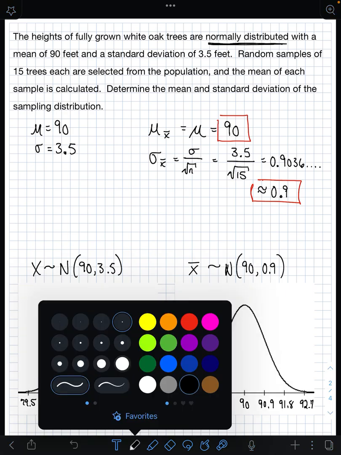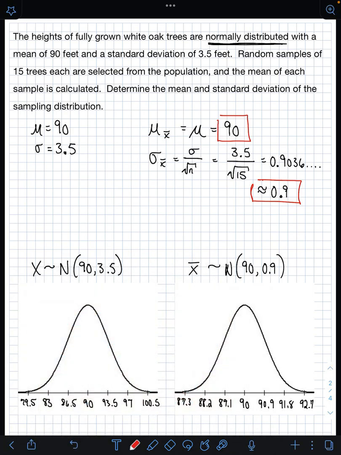So, these two pictures look the same because the size, the dimensions of the picture are the same. But if we look carefully at the scales of them, what we can see is that 92.7, 3 standard deviations out to the right, and 87.3, 3 standard deviations out to the left on our sampling distribution, well, those values actually would fall roughly around here.